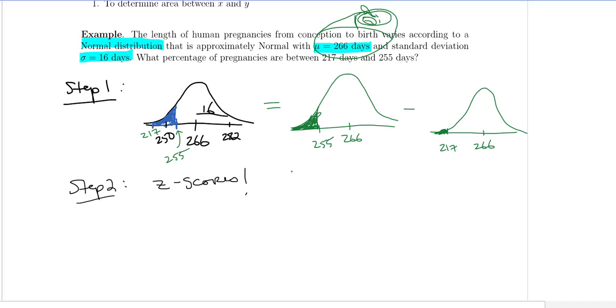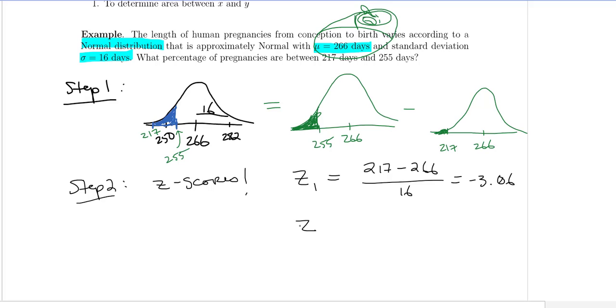Okay, so z1, I'm going to let that be the one with 217. So 217 minus 266 divided by 16 is equal to negative 3.06. Okay, and we can expect this z-score to be negative because these values are to the left of the mu.